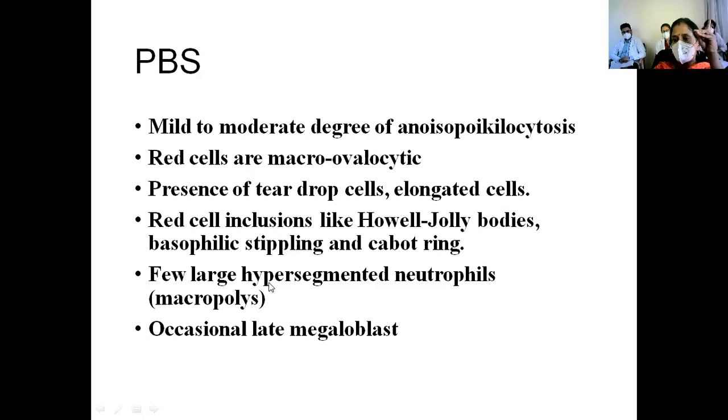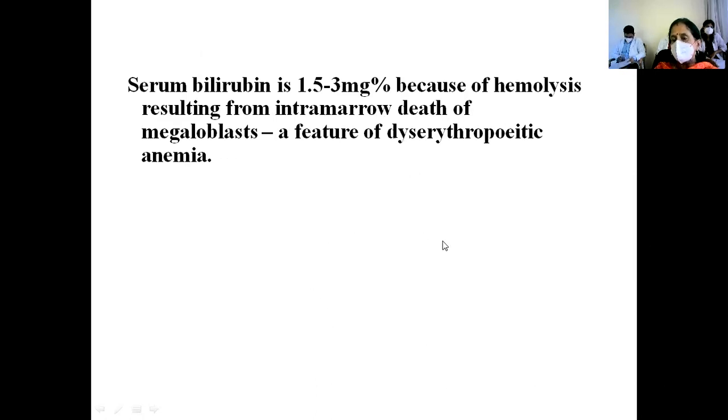For WBCs, the count is based on the particular case that we give you. You can say the count is normal or decreased and few hypersegmented neutrophils are seen, and platelets are normal or decreased. If anemia is more, there could be occasional nucleated red cells. That is, megaloblasts could be present.